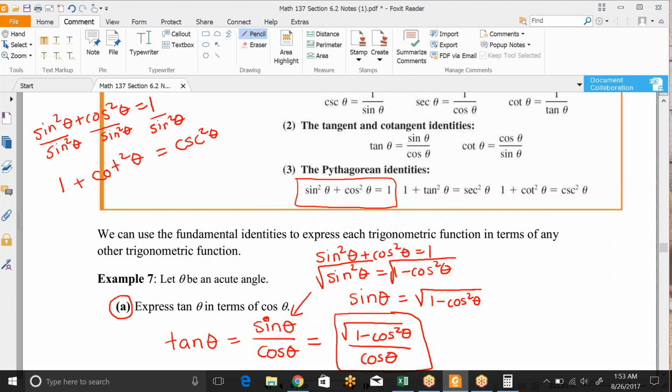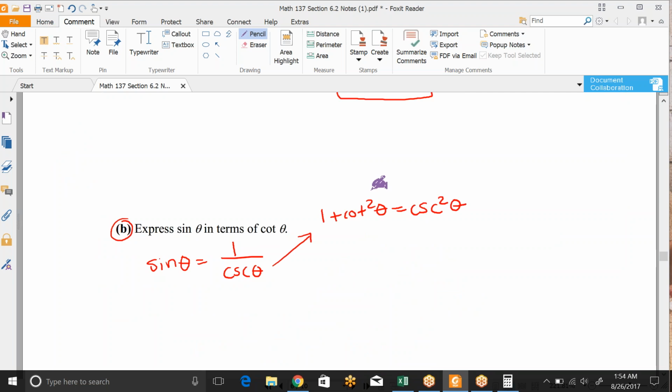We just need to take the square root of this to solve for cosecant so we can replace it. So this would be the square root of 1 plus cotangent squared theta equals cosecant theta, or excuse me, just theta, no square anymore.